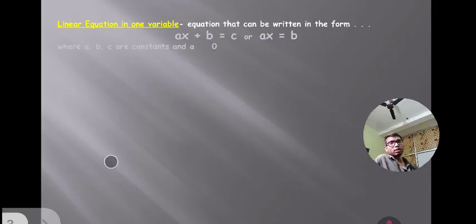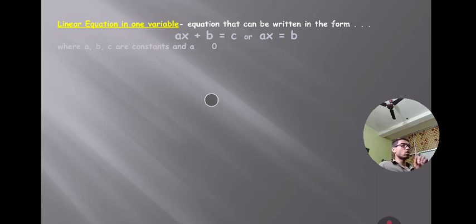where a, b, c are constants. Indirectly you can say a is a coefficient number. Any number which is with a variable will be considered a coefficient number.